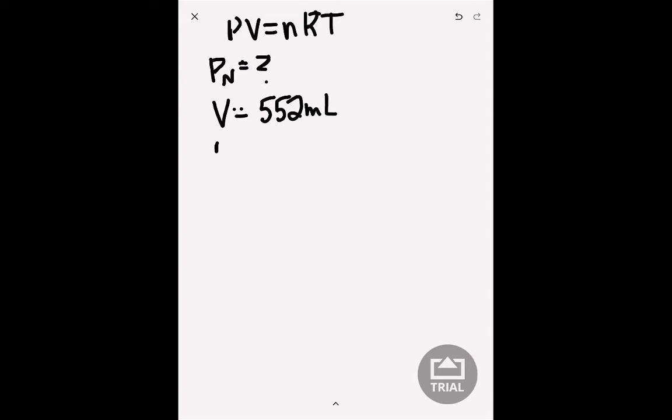We know that there are 25.5 grams of nitrogen, so we'll look at that in just a minute. Our R, let's go ahead. Okay, it gives us the total pressure of 50 kilopascals, so we're going to use the kPa R here. And so let me find the kPa. Sorry, let me see here.